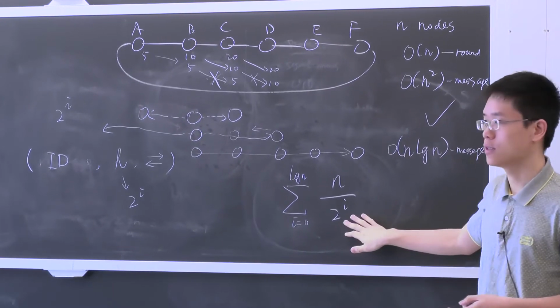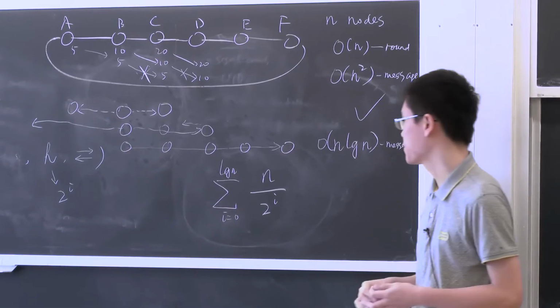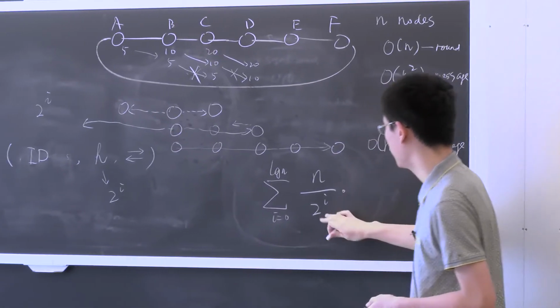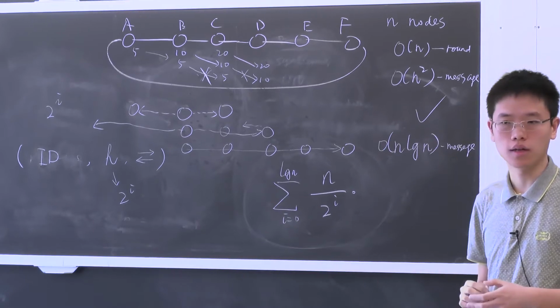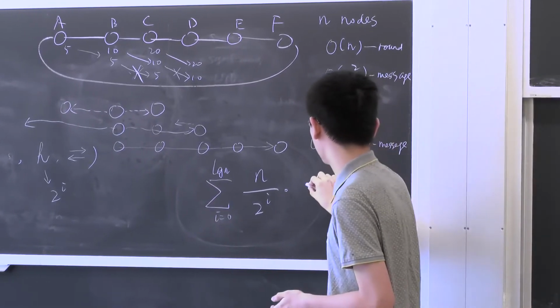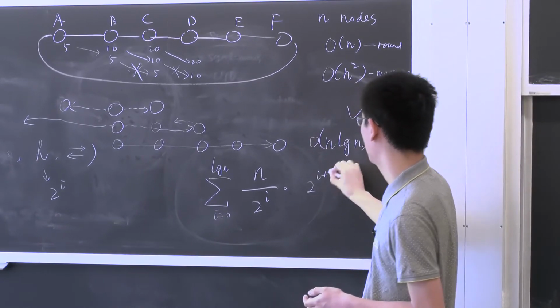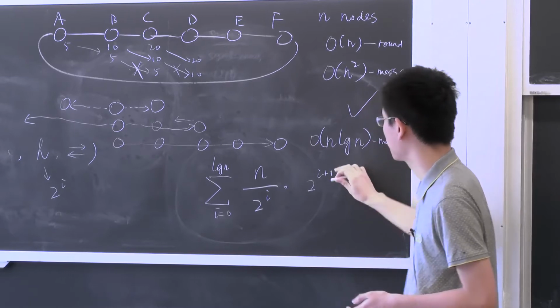But we put this as an upper bound. So this is the number of nodes that are still active. And they will send the message up to this many hops.